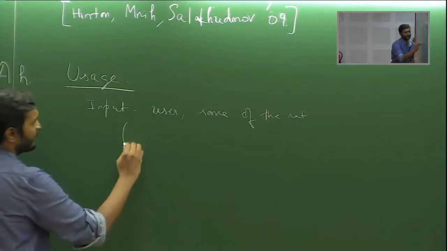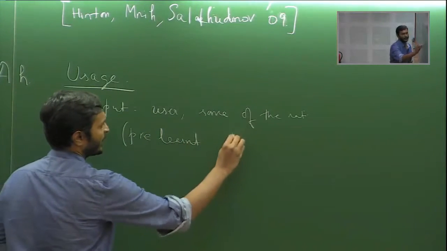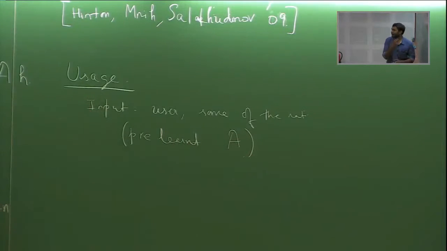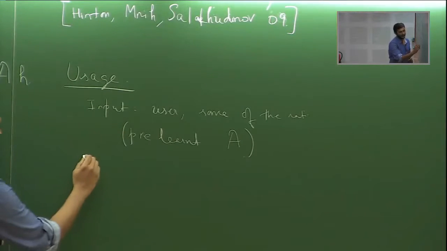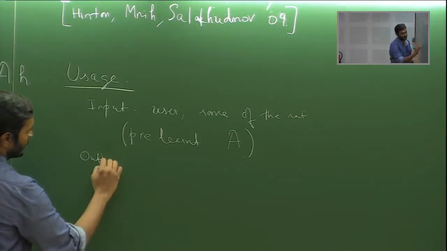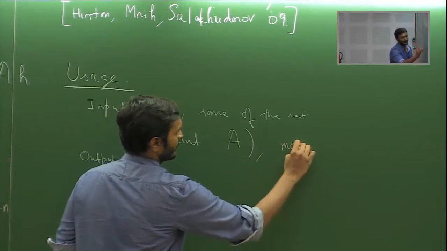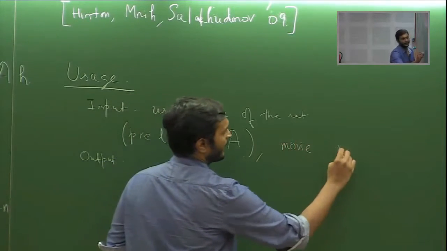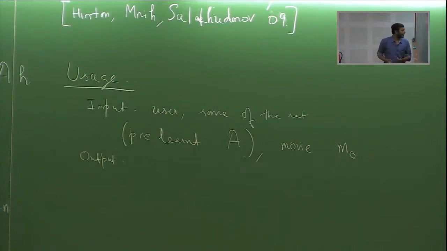And we also have a pre-learned model A. Here the model is being represented by one weighted matrix, and that's already learned, and we assume that's input. And the output is, let's say we also have another movie M0, where we want to find the rating.